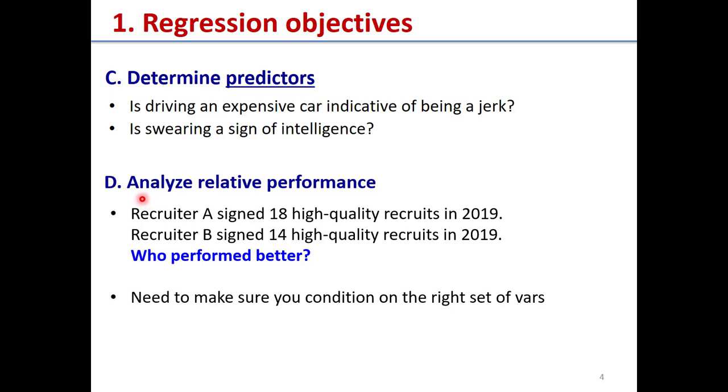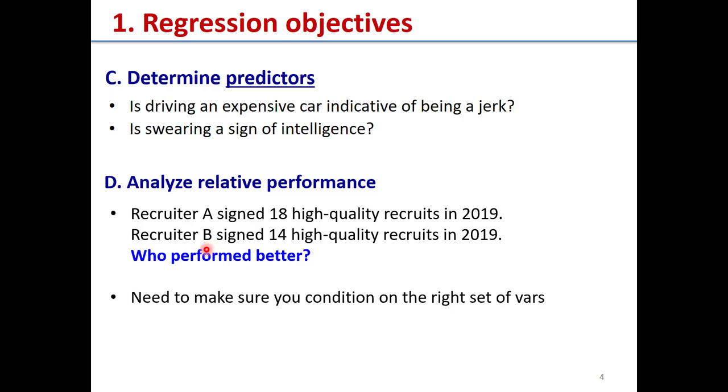Fourth, you may want to analyze relative performance. If I were to tell you that there are 2 military recruiters, A and B, and recruiter A signed 18 high-quality contracts in a given year, recruiter B signed 14, then I asked you who performed better, you can't really answer that, because it could be that recruiter A is just sitting in some Dallas recruiting station where people are always walking into the office, whereas recruiter B is recruiting in, say, rural Vermont, and it's not so easy.